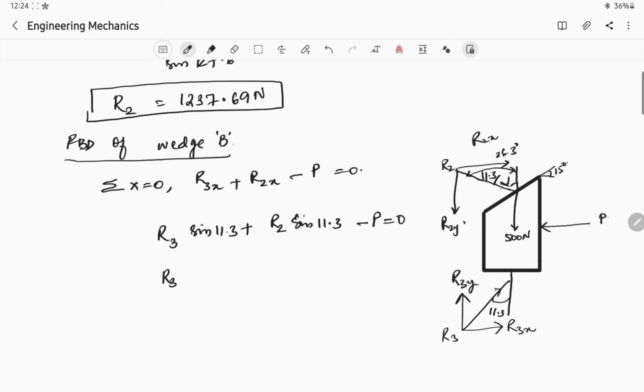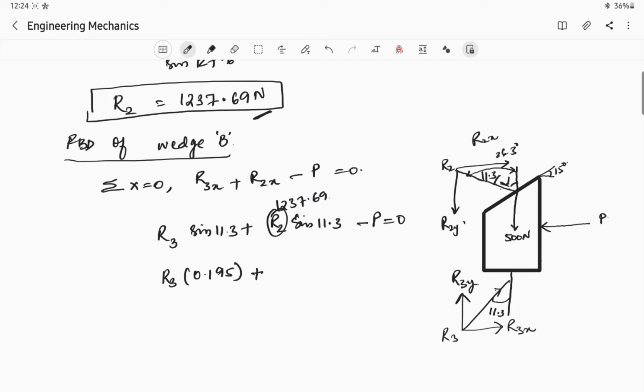We'll take down the values. To simplify this one, the value of sine 11.3 is 0.195 plus, what is the value of R2? The value of R2 we have calculated, that is R2 is 1237.69 into sine 11.3.